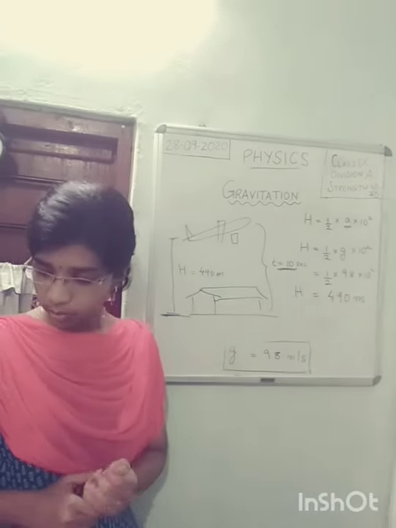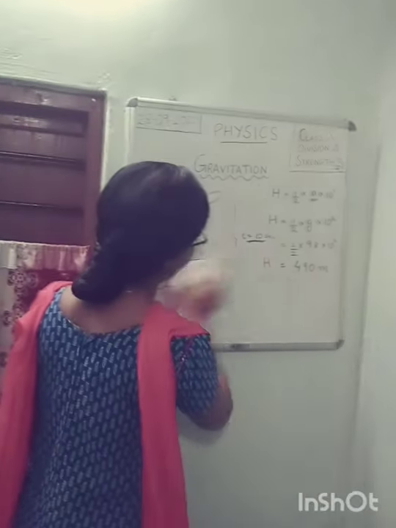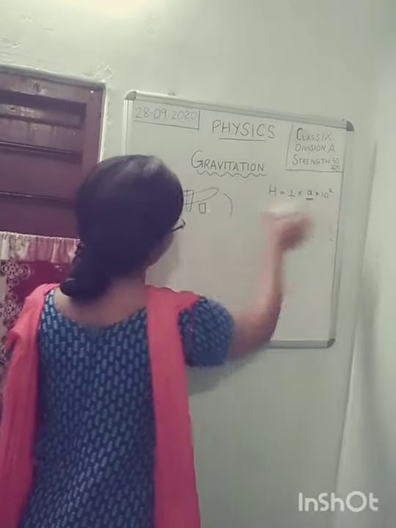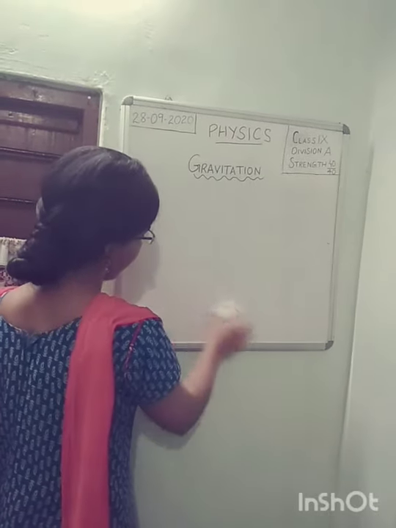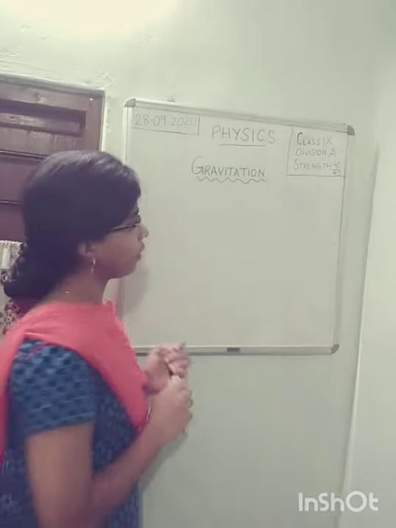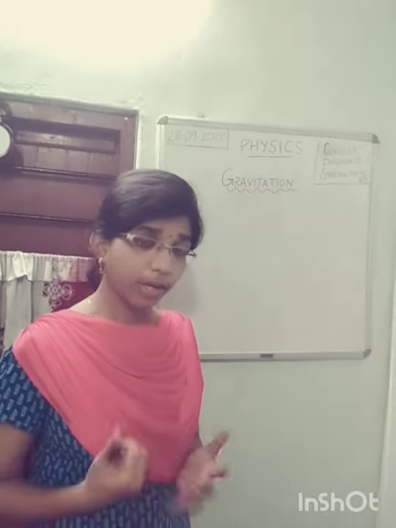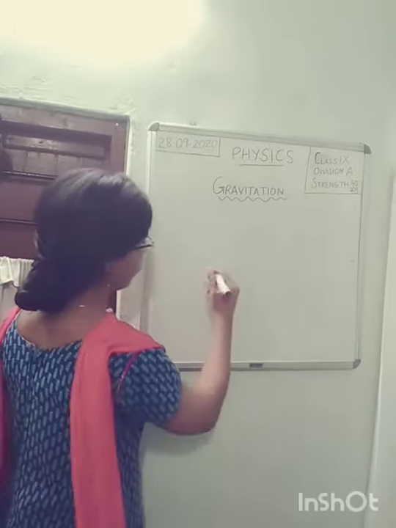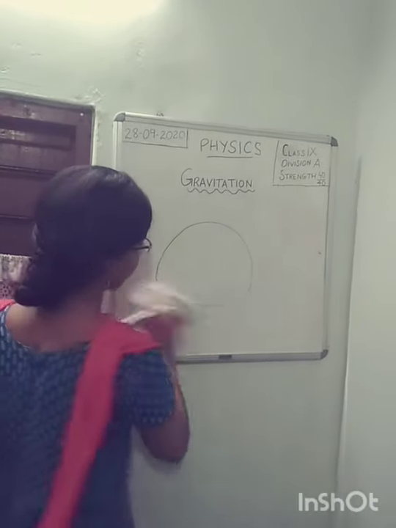Now let me ask you some questions. What will happen to the value of g if we move to the pole of the earth, the north pole? Will the value of g become more or less? How can you know this? Sorry, this is not the shape of earth.